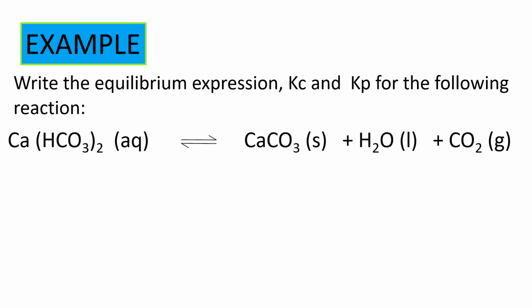I hope that you get a better idea how to write the equilibrium expression in terms of Kc and Kp. But I would like to give you one example. Let's consider the dissociation of calcium hydrogen carbonate to form calcium carbonate, water and carbon dioxide. How to write the expression of Kc for this system? Remember the equilibrium law? The equilibrium law says that the constant is equal to the ratio of product over reactant.